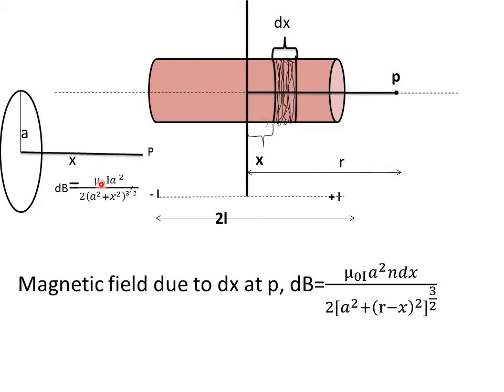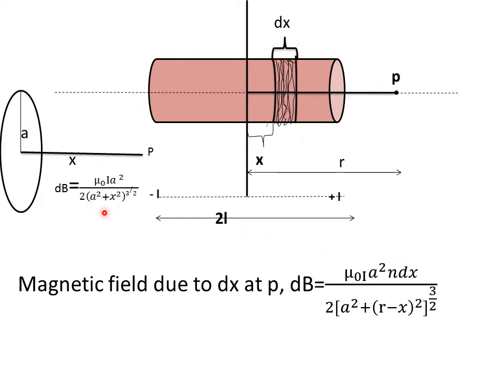So, in the numerator we have mu 0 I a square. This equation is for one turn. Here in this small region dx we have n dx turns, that is, the number of turns per unit length is n. So, the number of turns in length dx is n dx.